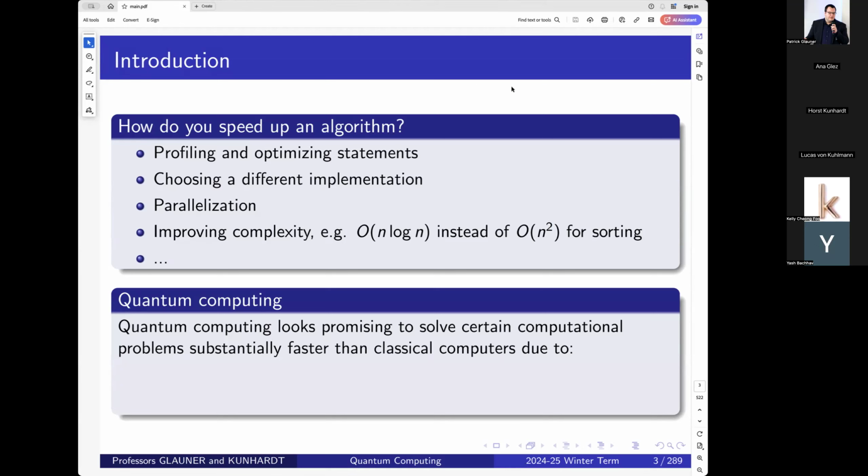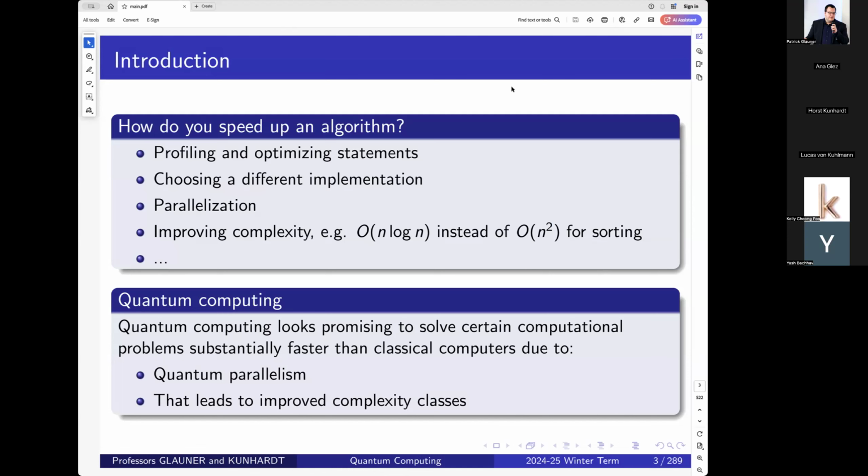It's important, not all problems, but certain computational problems, because quantum computers take advantage of quantum mechanics, and thus they allow us to do quantum parallelism. So quantum computers are inherently parallel, and that kind of parallelism can lead to improved complexity classes for certain problems. Not for all problems, but for some.